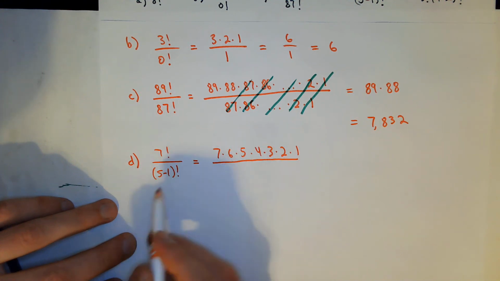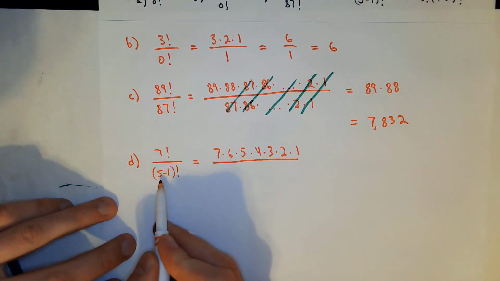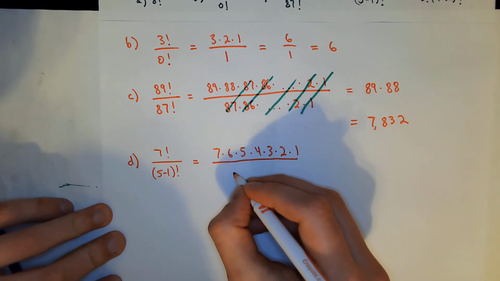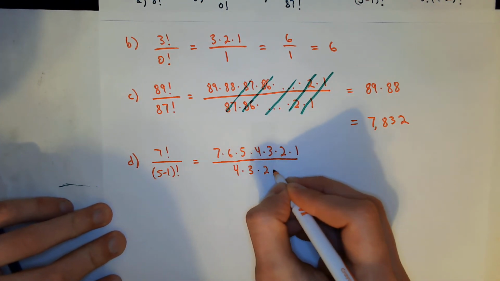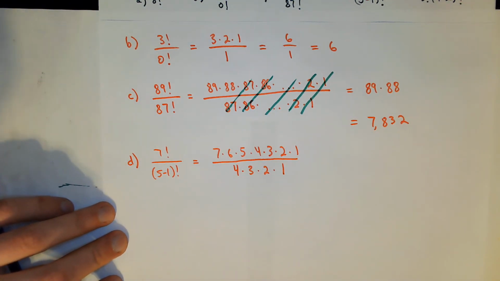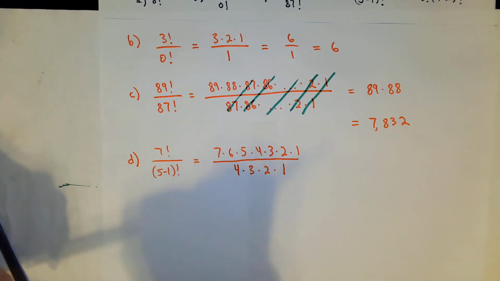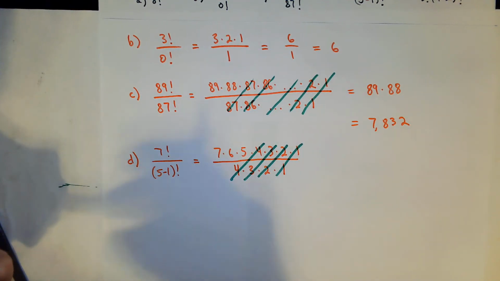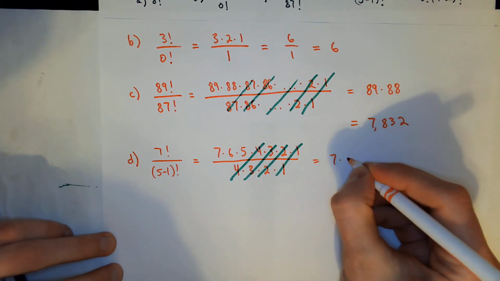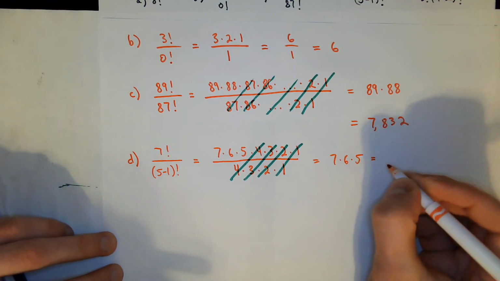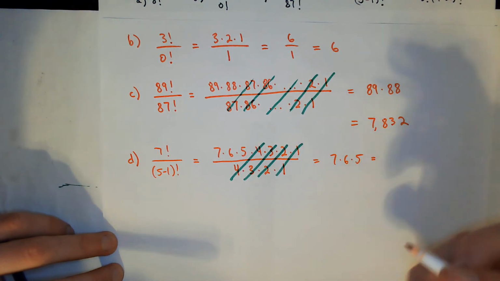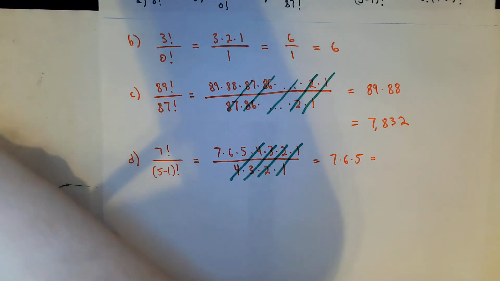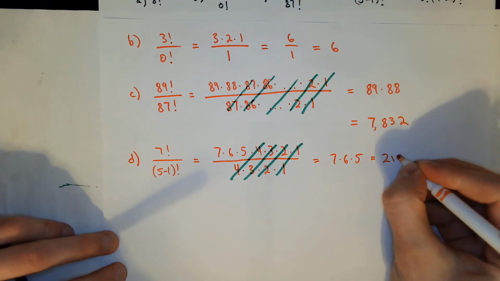I do my difference inside, and then I take the factorial, so 4 times 3 times 2 times 1. And you see again these terms at the back are all canceling, and I'm just left with 7 times 6 times 5, which is 42 times 5, which is 210. So yes, 210.